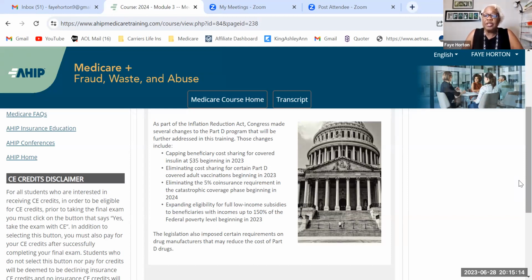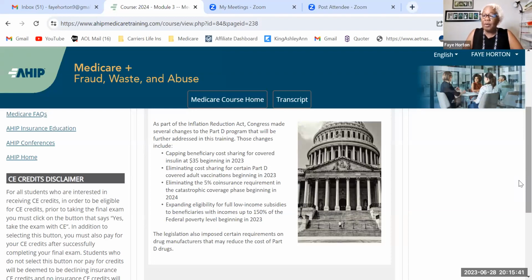Those changes include capping beneficiary cost sharing for covered insulin at $35 beginning in 2023. So you will see on the plans that are in effect for this year, insulin is capped at $35.